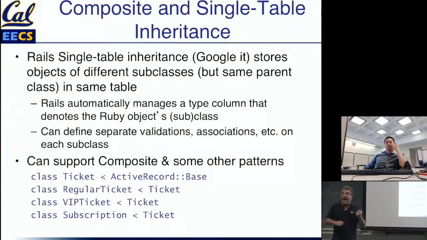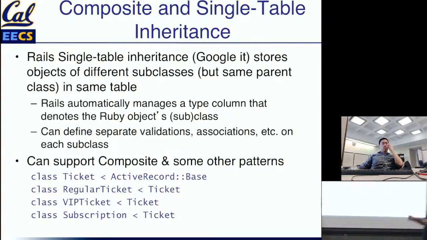So what you will get back is an instance of either the base class or the correct subclass, depending on what the type column says. Okay, so use the mechanism with care, but it's a mechanism that is there specifically to help with design patterns like the composite pattern, which I think is pretty cool.